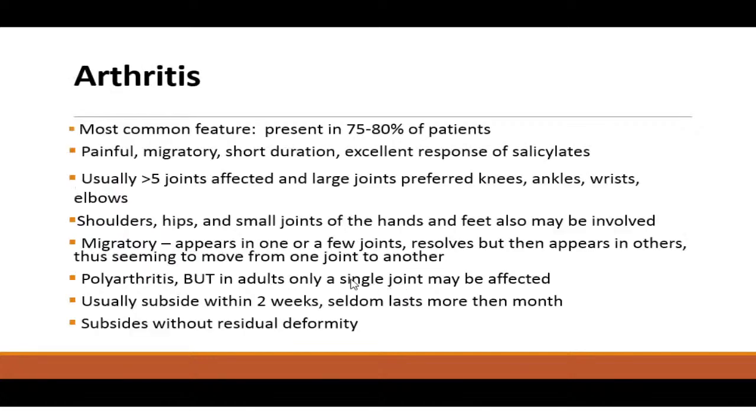So what do we know about arthritis? Arthritis is the most common symptom of rheumatic fever. Nearly 80% of patients have arthritis. It has migratory characteristics because it appears in one of your joints, then resolves and appears in another joint.